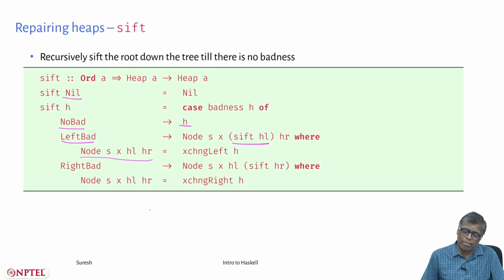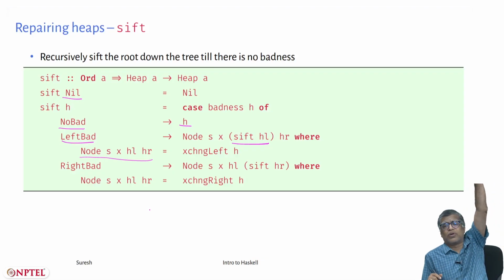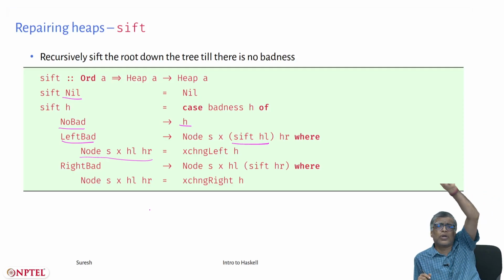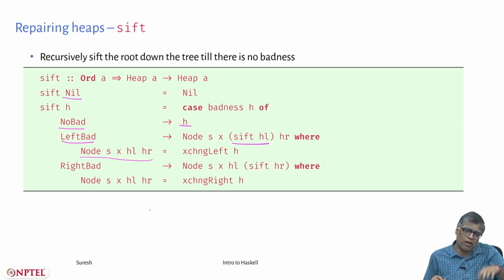So how many recursive calls are there? You are at the root, you will do a recursive call to your HL or HR, to its left child or right child. So it will be overall some path down the heap. So it's some order height of the heap, and order height of the heap is log n. Yeah, so that we have maintained because it's a leftist. No, we have not maintained that.